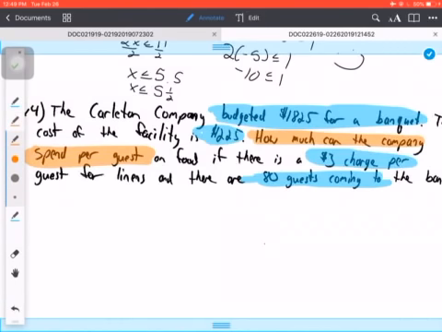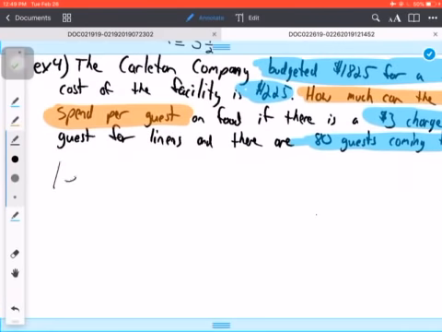So what we're going to want to do is make a variable. So we're going to say let G be the cost per guest.